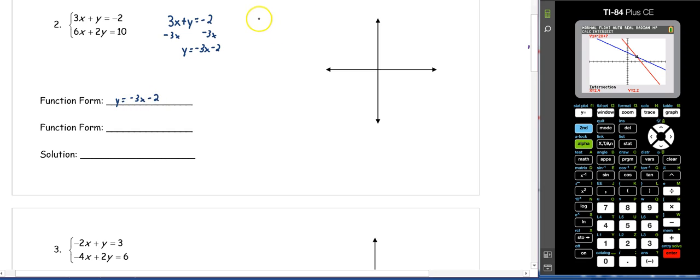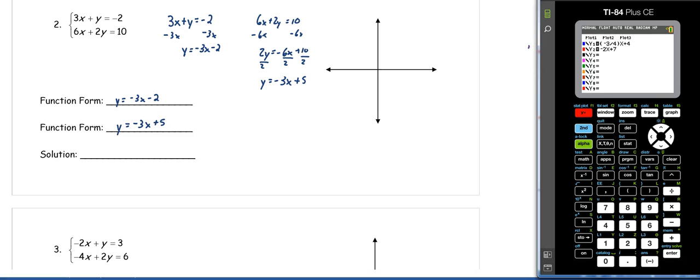For my second equation, 6x plus 2y equals 10, I need to solve for y. My first step, I'm going to subtract 6x from both sides: 2y equals negative 6x plus 10. And I'm going to divide everything by 2. So y equals negative 3x plus 5.